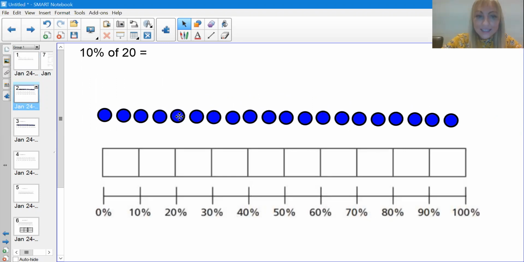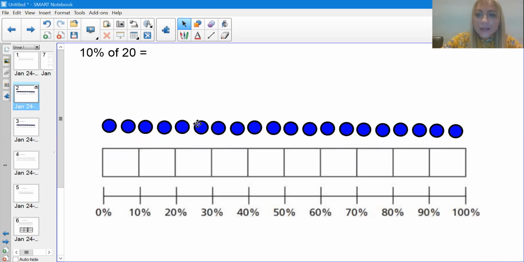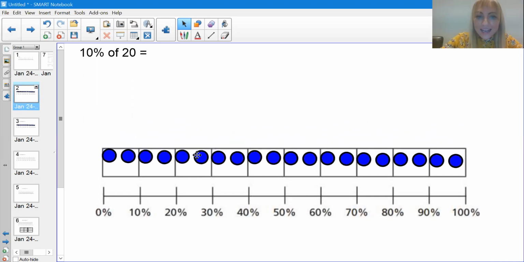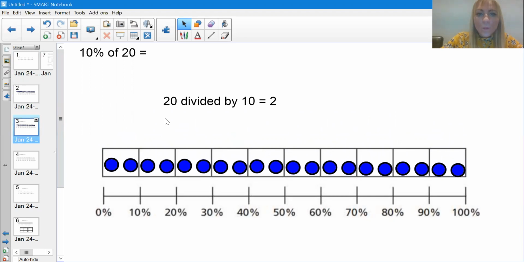That's 100%. Now, if I pop those into my bar model here, then I have separated them into each section. I have split my 20 counters into 10 equal parts, okay? When I split my 20 counters into 10 equal parts, I'm actually doing 20 divided by 10.